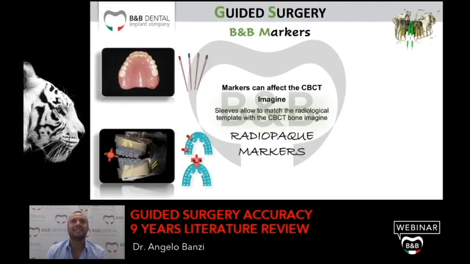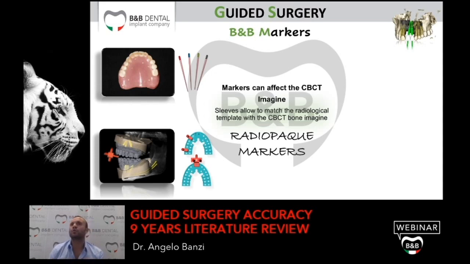This is an item that B&B Dental has introduced to reduce this problem. Some brands use gutta-percha as a radiopaque marker. Some others use some sort of Lego toy fixed over an arch.